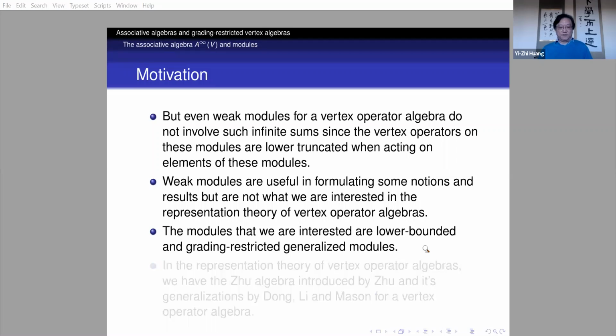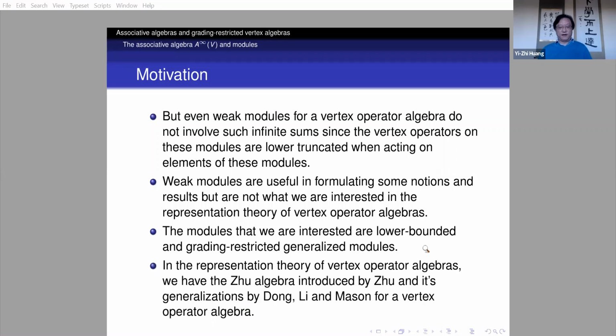So that's about modules. Now let's look at what we already have for the associative algebra. Certainly everyone knows that we have the Zhu algebra, and then Dong-Li-Mason generalized this to some higher level.